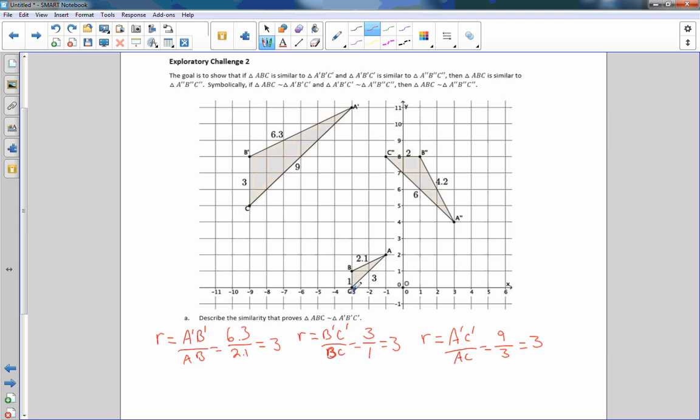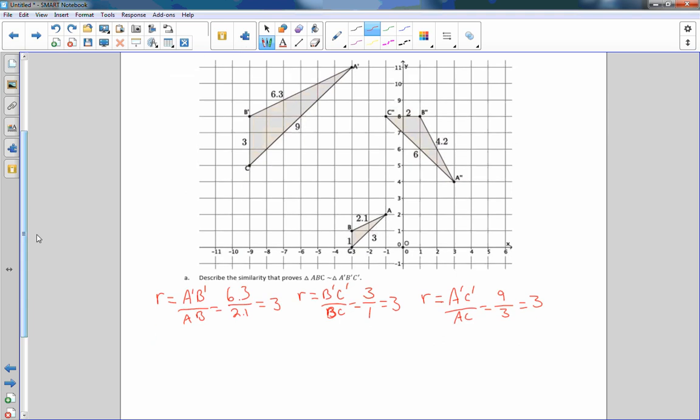And then once I do that, then I can determine they're similar. So the first thing I need to do is scale that up. So my A point is -1, 2.